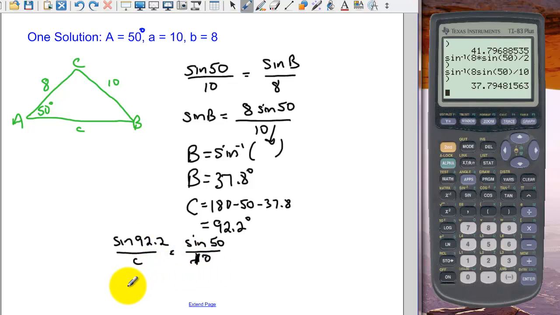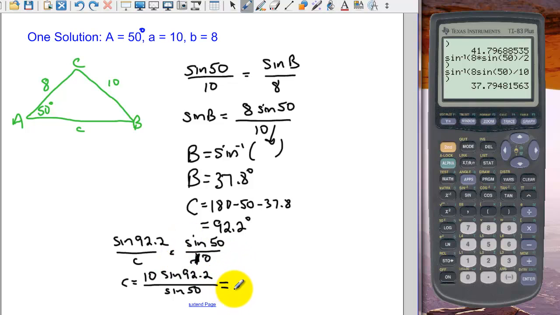And we again cross multiply, and then we're going to divide by the sine of 50, so we get C equals 10 times the sine of 92.2 over the sine of 50. Again, I cross multiplied here, so I had C times sine of 50 equals 10 times that. I have to solve for C, so I divided by sine of 50, and I've already computed that, so let's save time.